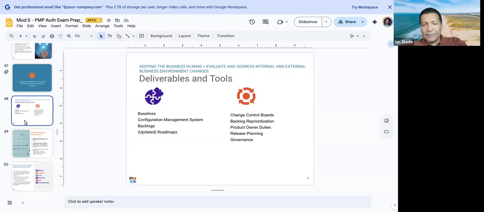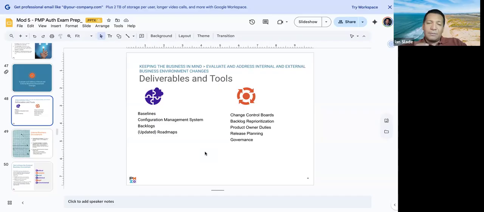That's right, Patrick. Because remember, backlogs are driven by user stories, right? So these are the requirements that we need to put into the product, driven by user stories. And it's the product owner that is in charge of that. So for the test, when you look at backlog reprioritization, that is the product owner.